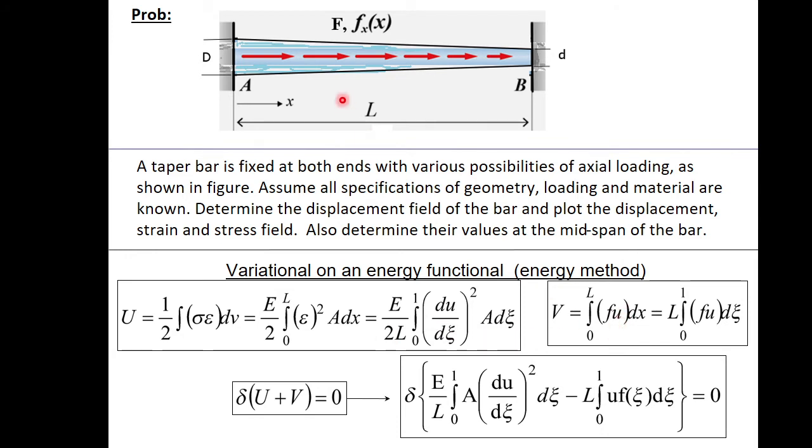Here this loading is considered as distributed loading. At any point the loading is F, the displacement field is U. So F into U is that much of work done on an elemental strip dx, which is now integrated all through.